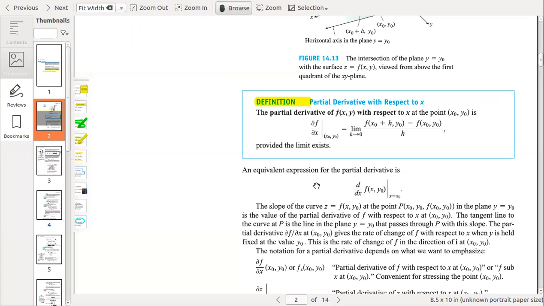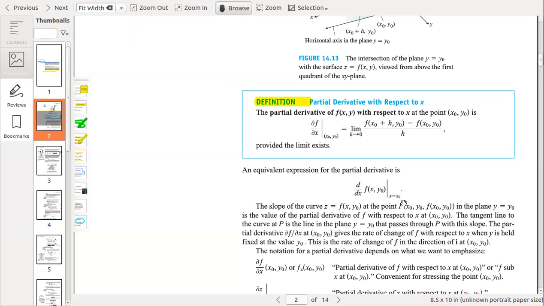An equivalent expression for the partial derivative is d by dx of f of x, y naught at x equal to x naught. So we can also write d by dx of f of x, y at x equal to x naught.